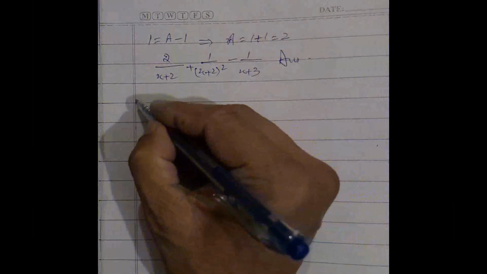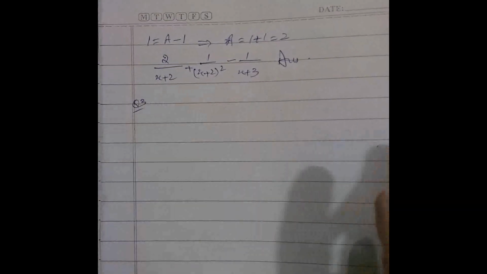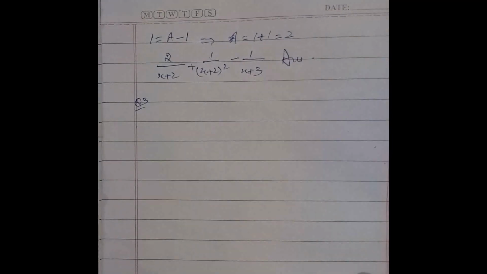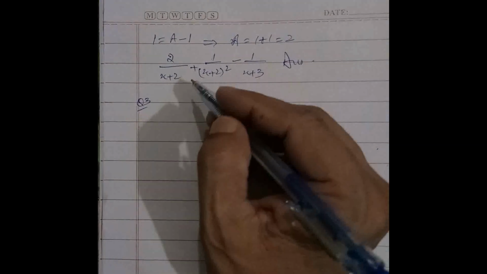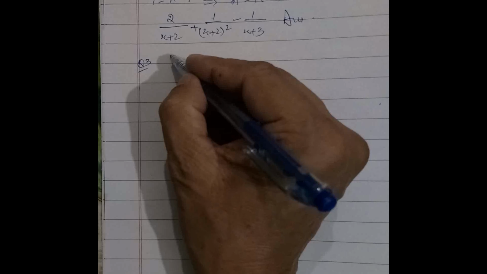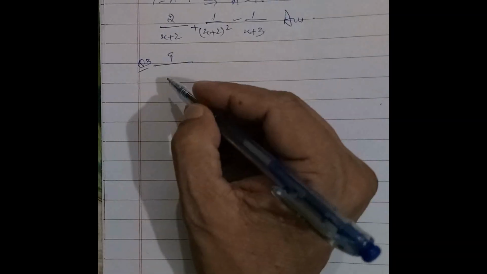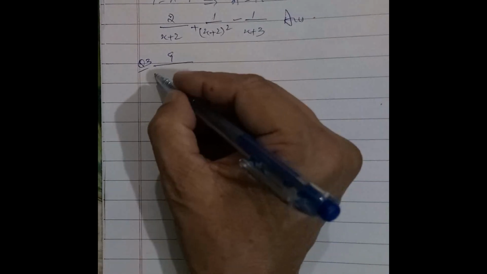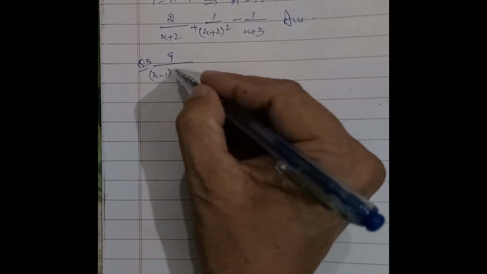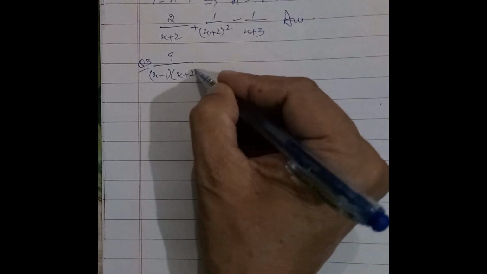Now we start question 3, which is 9 over (x minus 1) into (x plus 2) whole square.